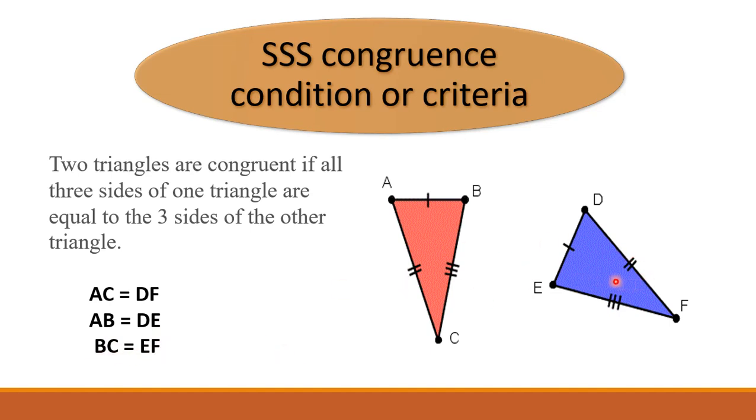And when we try to overlap or place one triangle on another, we get that both triangles cover each other completely. So we can say that triangles are congruent by SSS, that is, the side congruence rule.